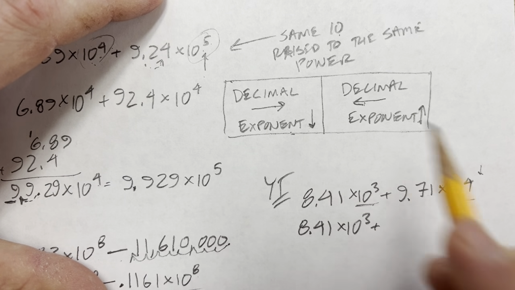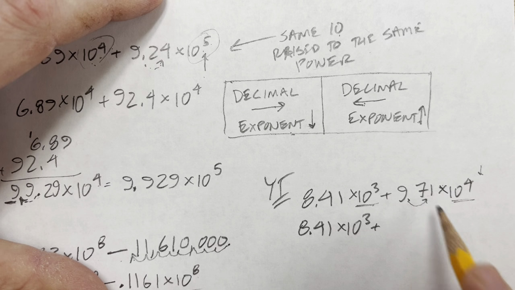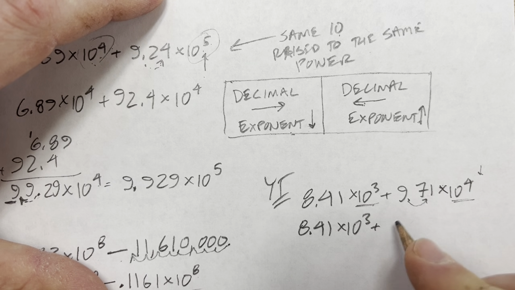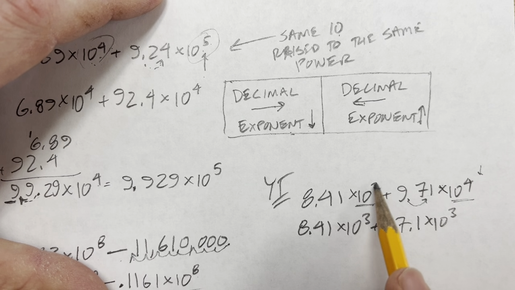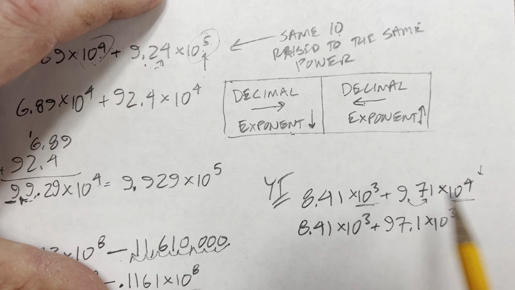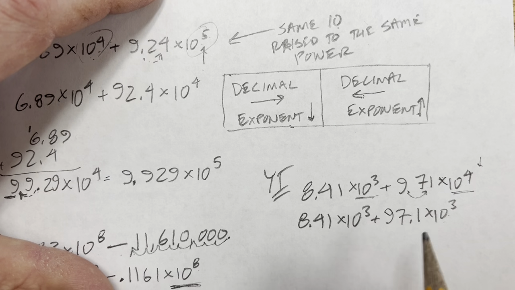I need to move my decimal to the right one place. So I'm going to have now 97.1 times 10 to the 3rd. If I wanted to change this 10 to the 3rd to the 4th, I could have changed this side instead of this side. It doesn't matter. I just need them to both be the same, 10 to the 3rd or 10 to the 4th. I chose to make them both 10 to the 3rd.